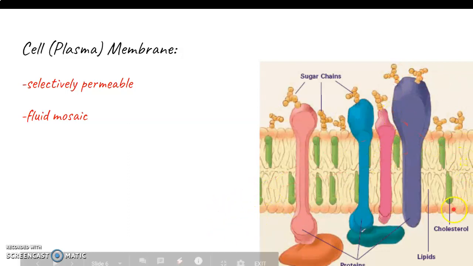So you've got some pieces that are labeled cholesterol, you've got some pieces labeled as lipids, proteins, sugar chains, which are just carbohydrates. So it's made out of a whole bunch of different little pieces, like a mosaic, and yet it's a fluid mosaic. It's got a fluid quality to it.